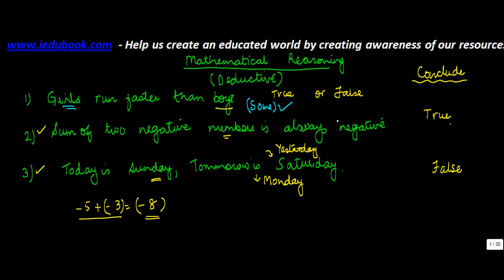And on the other hand, there may be some girls who may not be able to run faster than the boys. So it might be false for some other values. Considering that this can be true for some values and false for some values, this statement can be both true and false.